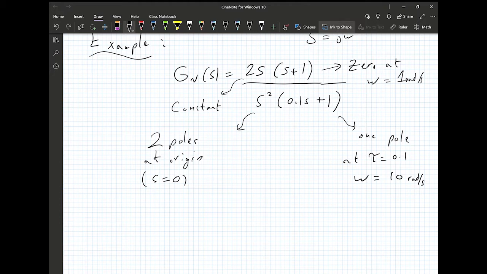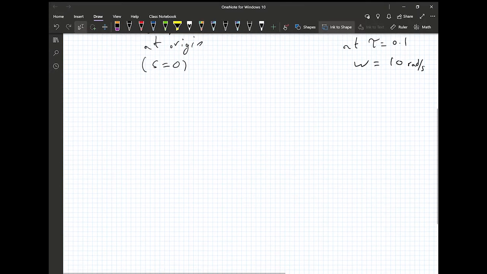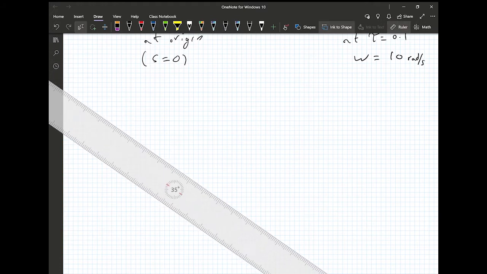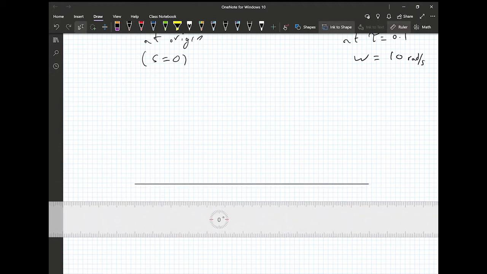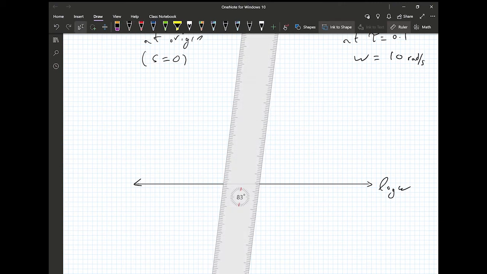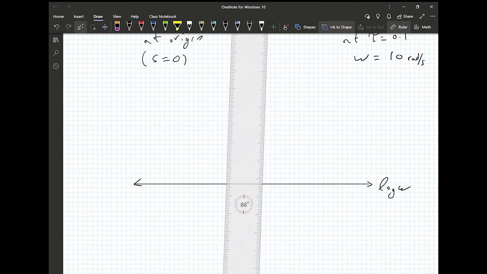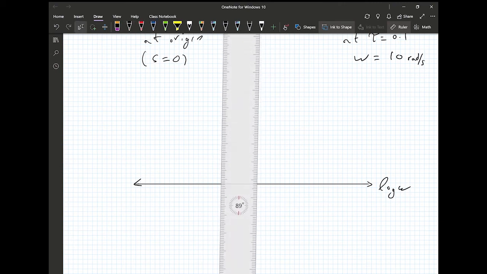So let me do that. Let me actually do the axes. I have the x-axis, which is log omega, and the y-axis, which is the magnitude in dB.